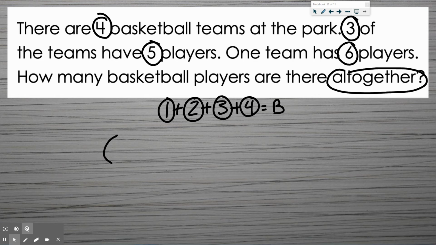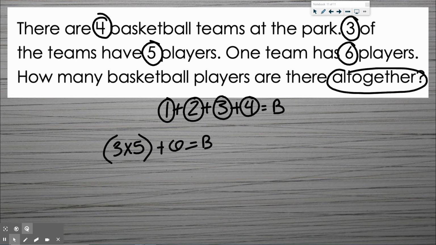Well, I'm going to do my number sentence 3 times 5. That's going to tell me how many players there are on those 3 teams. And then I'm going to do plus 6, because I'm going to add that other team of 6 to it. And that's going to tell me how many basketball players I have.